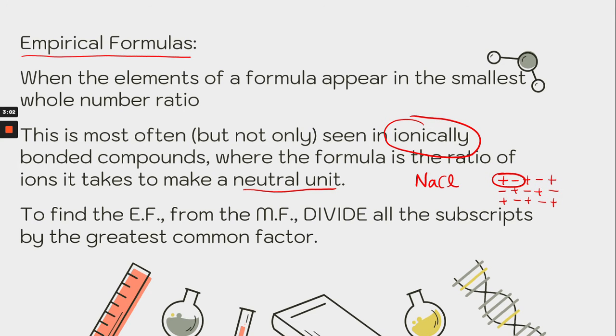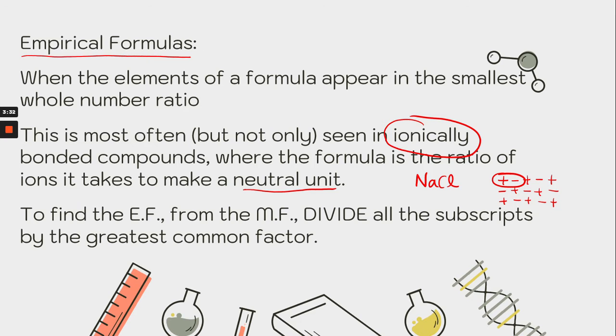So we always have empirical formulas when we're talking about ionic compounds. We can also have empirical formulas when we have covalent compounds, but in the context of doing things with them in lab, they wouldn't be all that useful. They're actually more used to come up with the molecular formula, the one that's the actual formula.